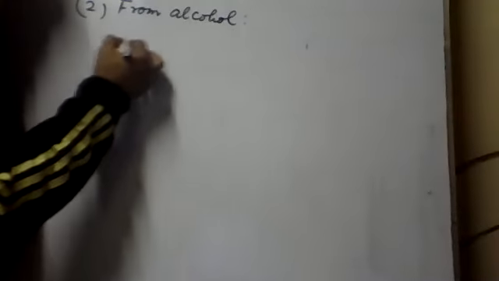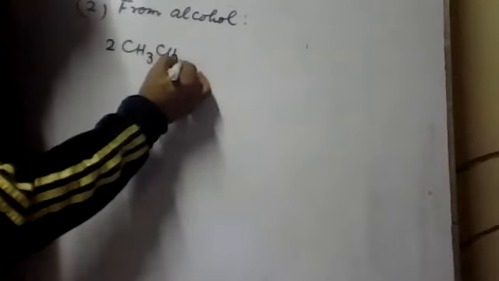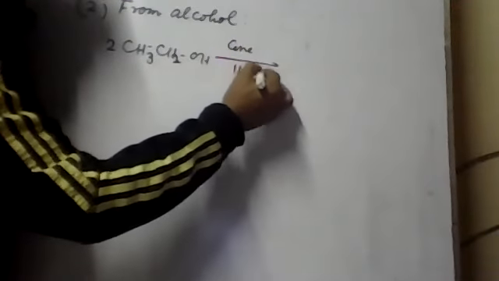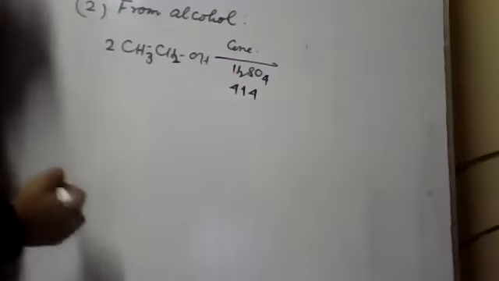When excess alcohol is heated with concentrated sulfuric acid at 413 Kelvin, its mechanism is also important.